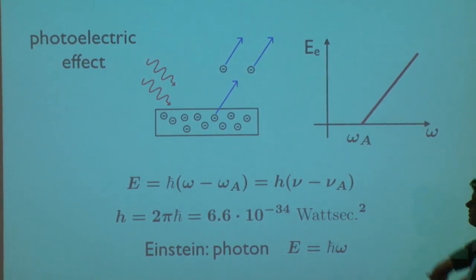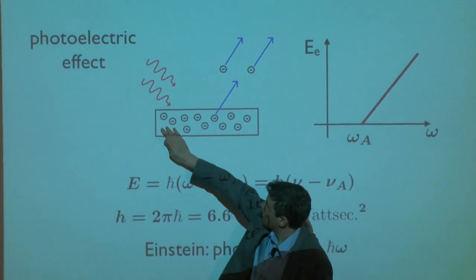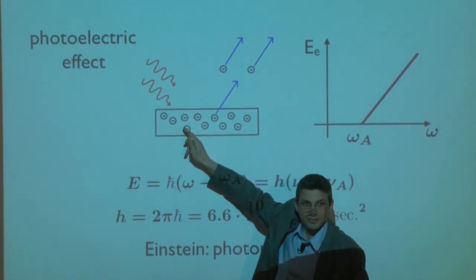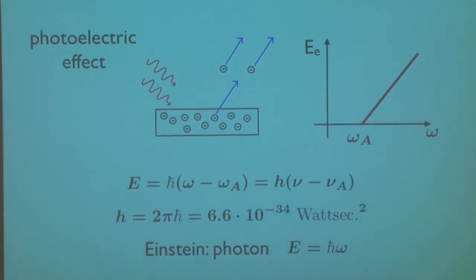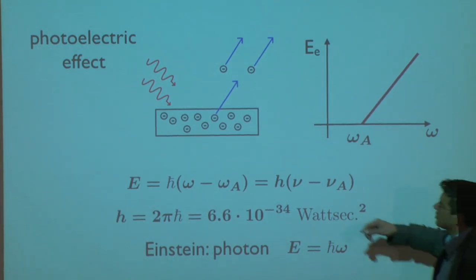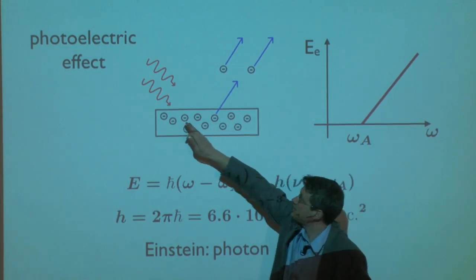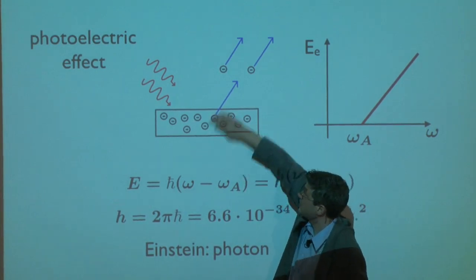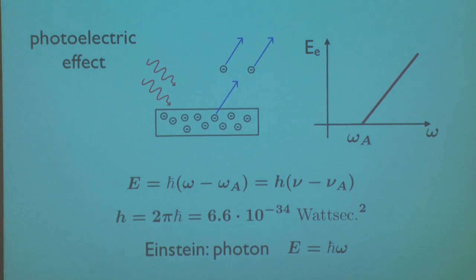And what he found is that if you take a piece of metal and you shine light on it, the energy from the light can kick electrons out. But what was thought is that if you increase the intensity of the light, you'd increase how much energy these particles get kicked out by. You just increase the intensity of the light, and then you could get these things to come out at higher and higher energies.